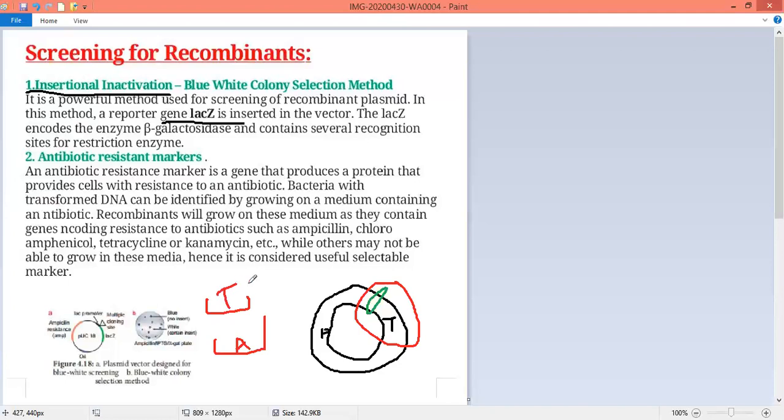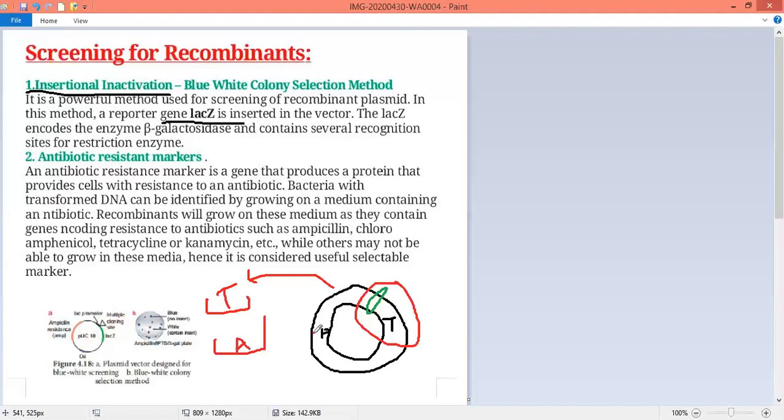That indicates the inactivation process. When you transfer these cells onto the tetracycline medium, the cells which do not possess tetracycline resistance will be inactive, so our rDNA will also get destroyed.